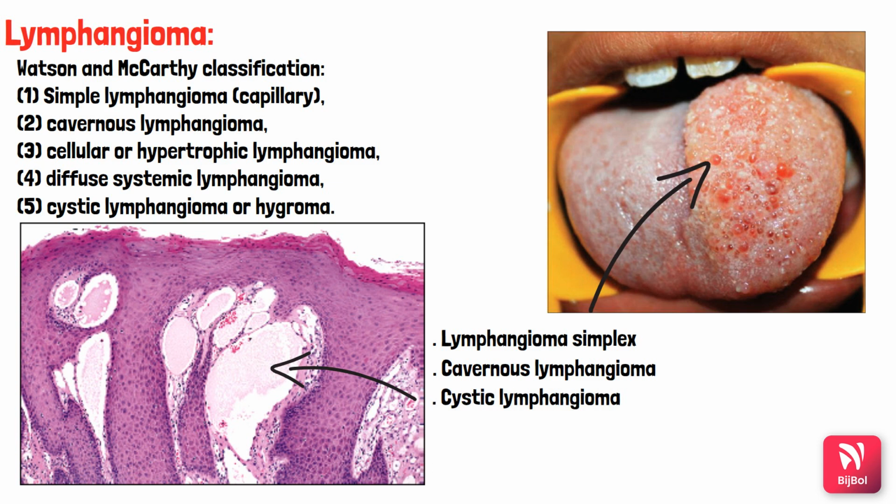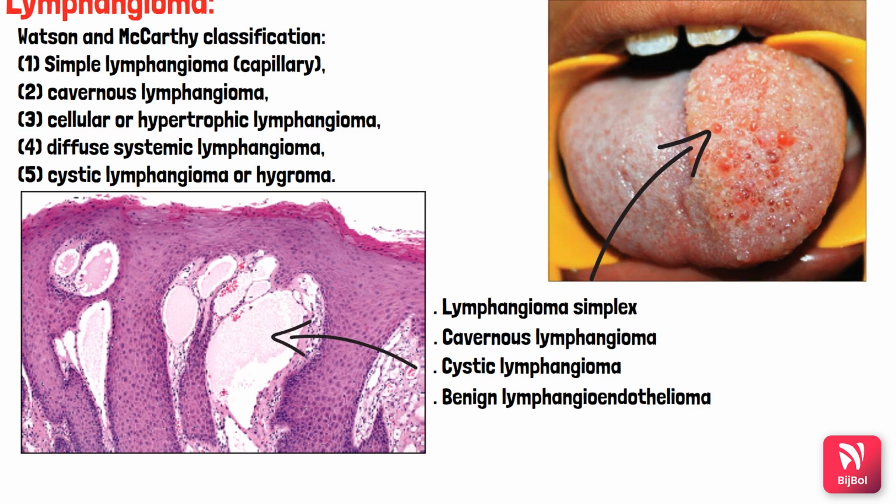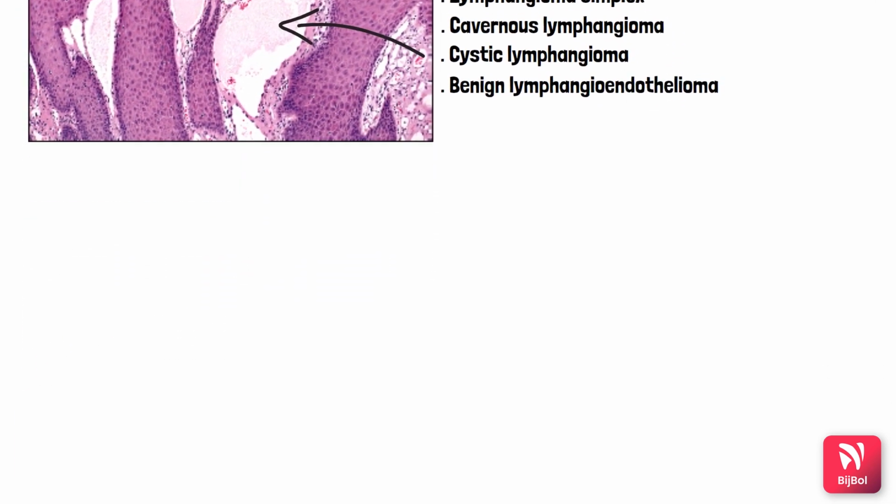Very big lymphatic spaces will be there, surrounded by fibrovascular tissues. Next is benign lymphangioendothelioma. Here the lymphatic channels appear as if they are dissecting through the collagen bundles. So such big they will be, and they will be dissecting the collagen bundles. So this is about lymphangioma.